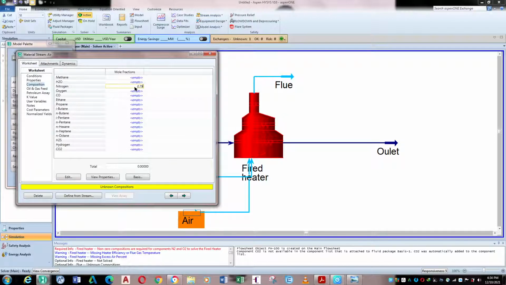So let me just relabel this one flue gas, guys. Okay, let me close this model palette.